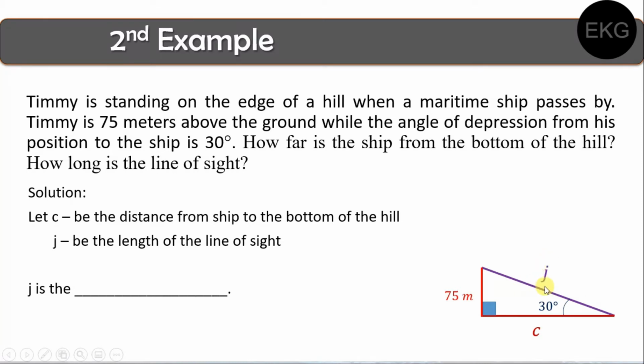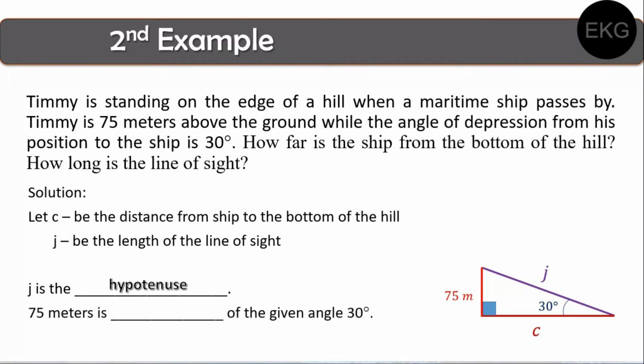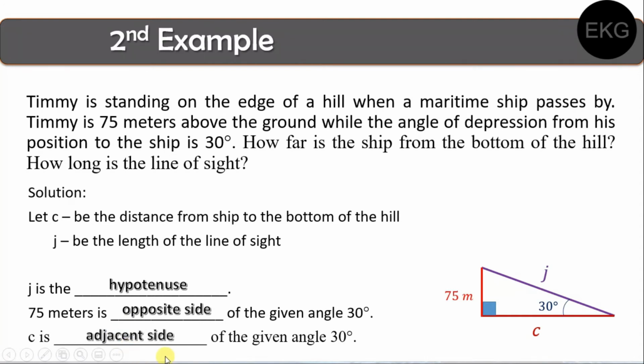Based on our previous lessons, you should have answered, it's the hypotenuse. Next, yung 75 meters is blank of the given angle 30 degrees. So, itong 75 meters, yung relationship niya sa 30 degrees, it is the opposite side. And then lastly, C is, kung hypotenuse yan, opposite, automatic this will be the adjacent side.